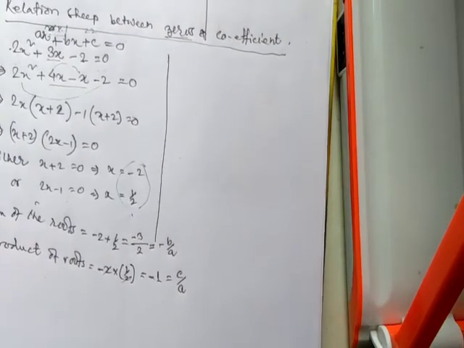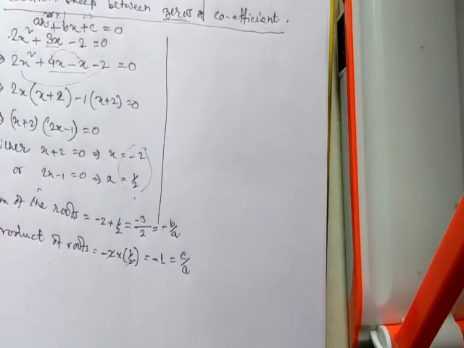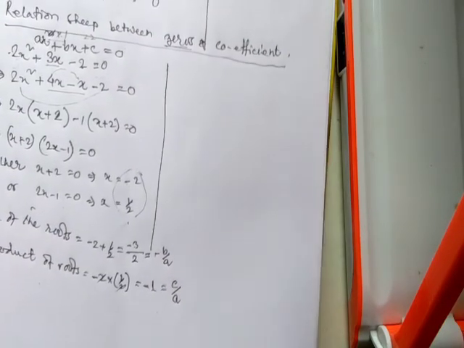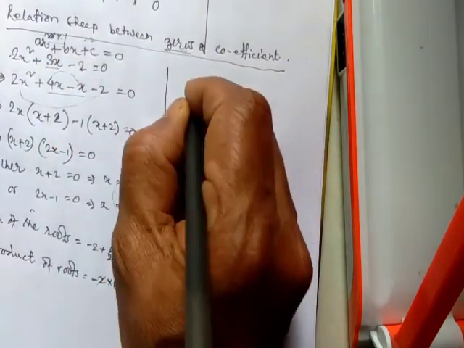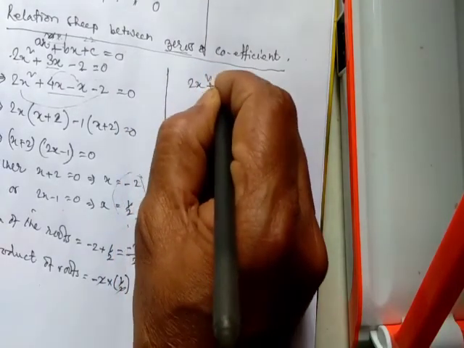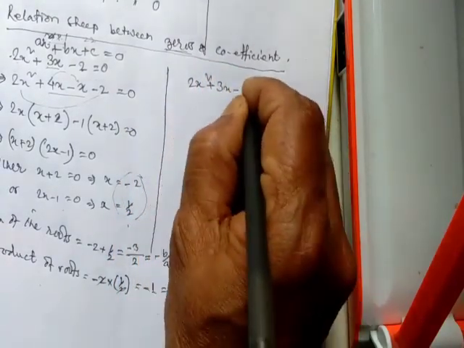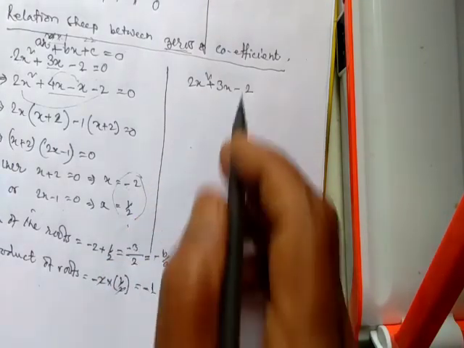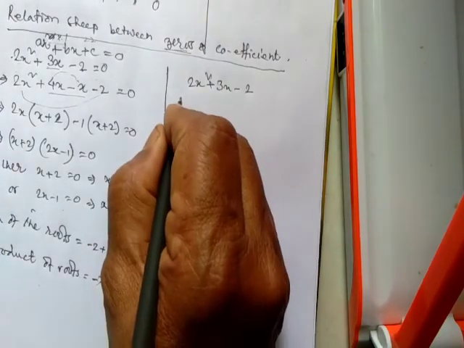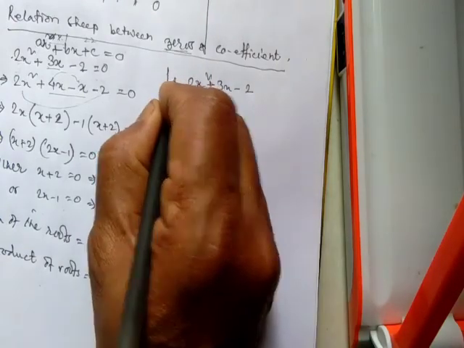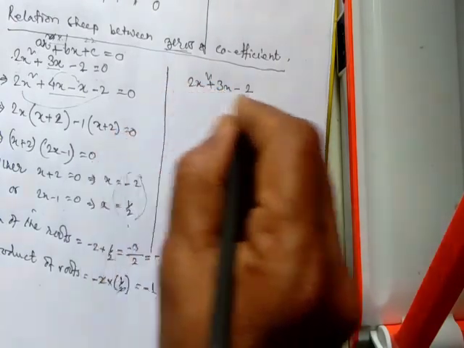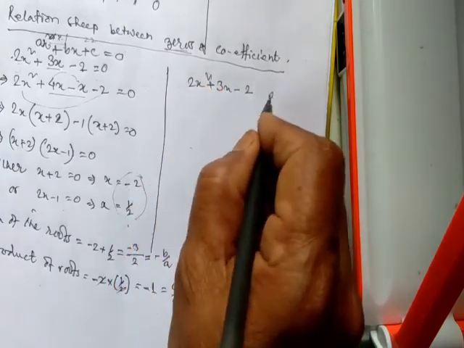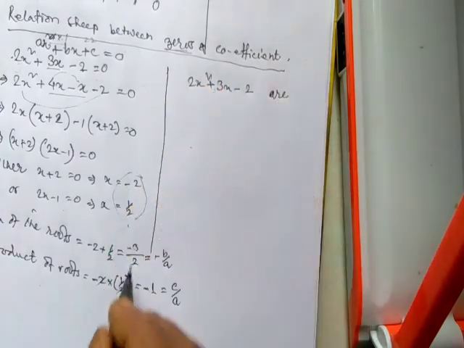Next, I am taking one polynomial, the same one, 2x square plus 3x minus 2. So the zeros of this polynomial are how much?